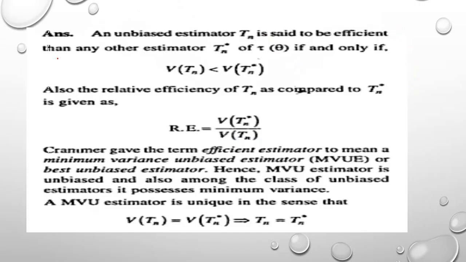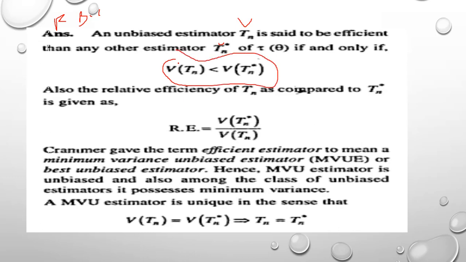I am taking this result from the Fundamentals of Mathematical Statistics book, sorry, this is from B. L. Agarwal's book. An unbiased estimator Tn is said to be more efficient than any other, where two test statistics are there, Tn and Tn star, if and only if this condition is satisfied: variance of Tn is less than variance of Tn star.